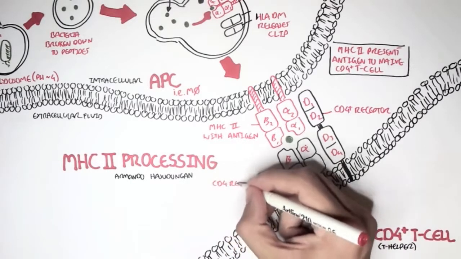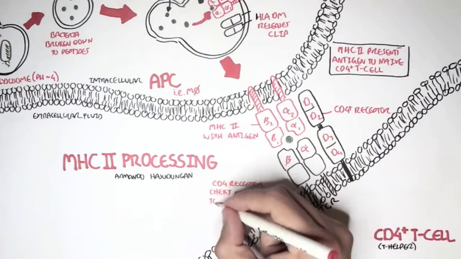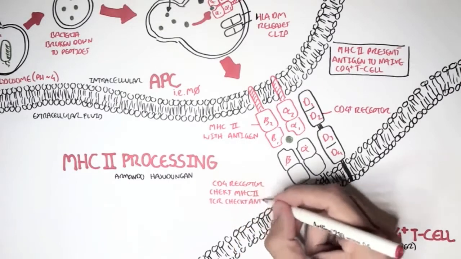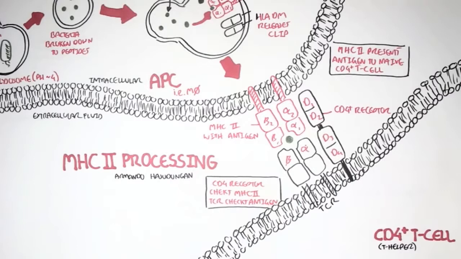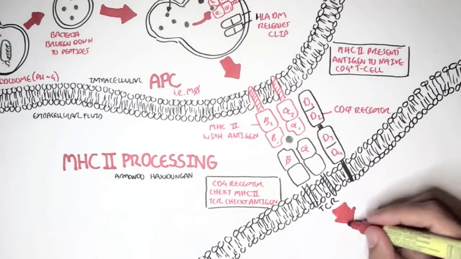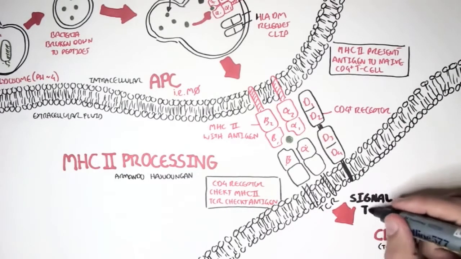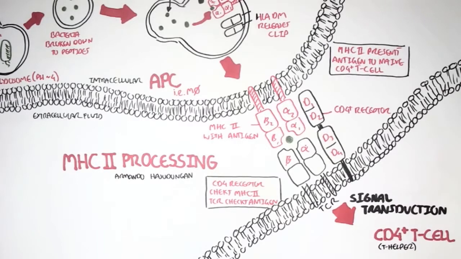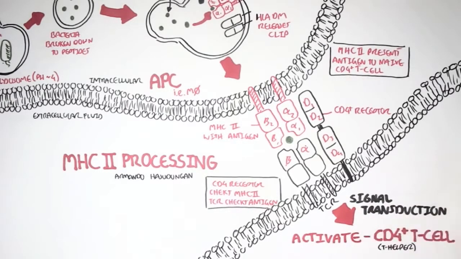If the CD4 receptor checks the MHC class 2 and confirms it, and the TCR checks the antigen and confirms it, this will trigger a cascade of events within the naive CD4 T cell. The signal transduction cascade will eventually lead to the activation of the naive CD4 T cell to become a T helper cell.